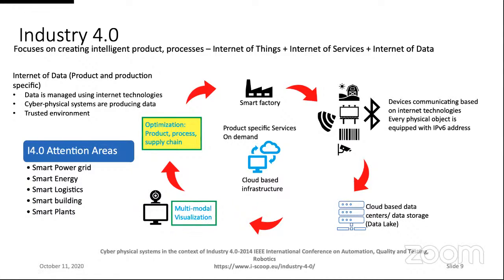And from this data, people can do multimodal visualization and analytics, which can do various types of optimization of the overall products or even the process, so that the smart factory is optimized. Roughly, that's one way to look at how Industry 4.0 would look.